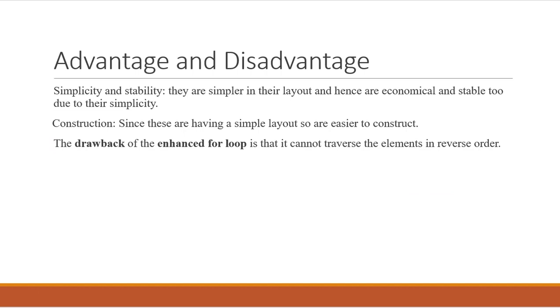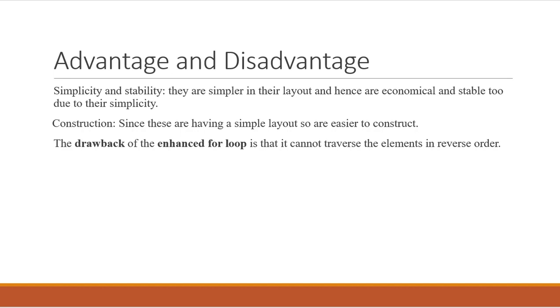Now it's very important for us to understand the advantages and disadvantages. So I may highlight one each. Some point in time we use a for loop for its simplicity, structure and stability. So the advantages would be simplicity and stability. They are simpler in their layout, that simply means the framework, and hence are quite stable due to their simplicity, isn't it?